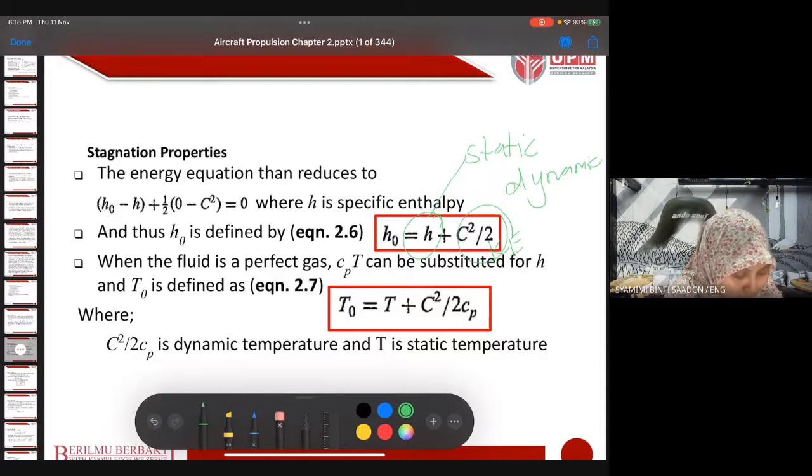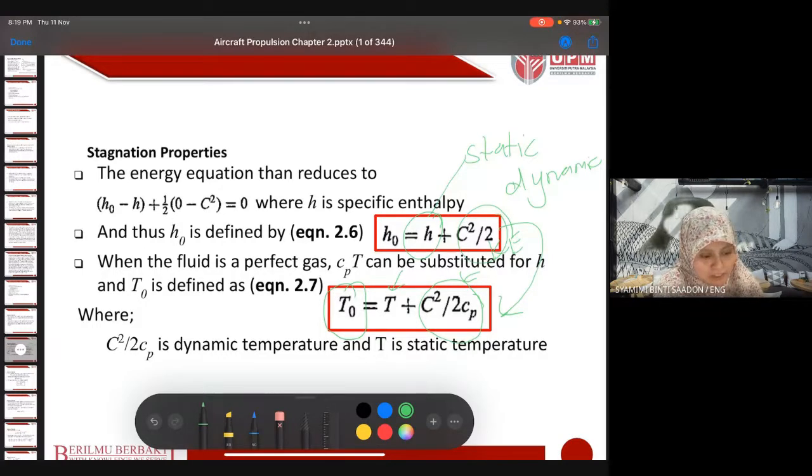From this stagnation enthalpy, we can rewrite the equation in terms of temperature, because we know enthalpy is CpT. So we can also write equation 2.7. This is the stagnation temperature, or total temperature: the static temperature plus C squared over 2Cp, in temperature units, Kelvin.